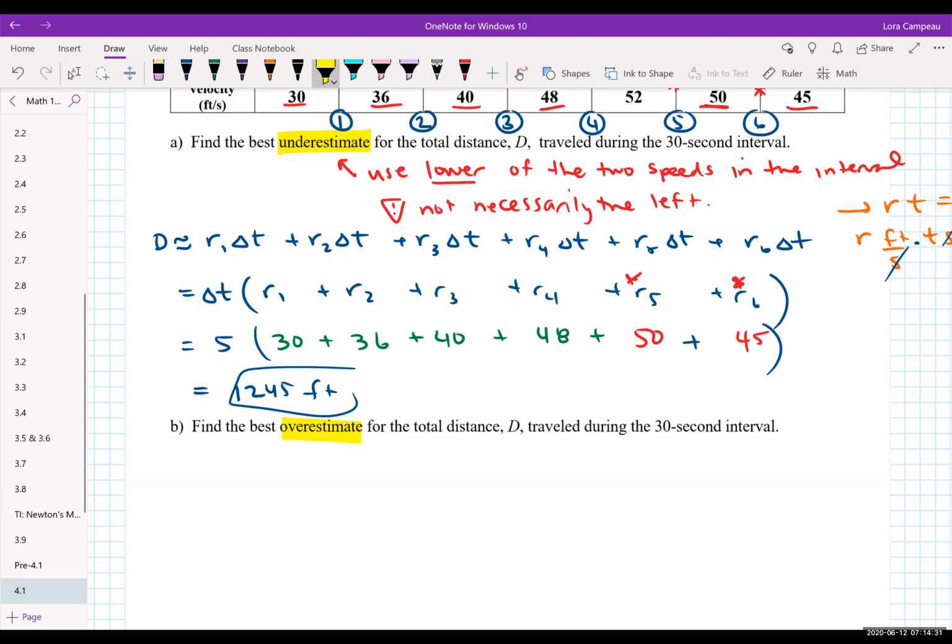Well, same idea. And again, what does this mean with overestimate? You probably guessed it. You're using the higher of the two speeds in the interval.